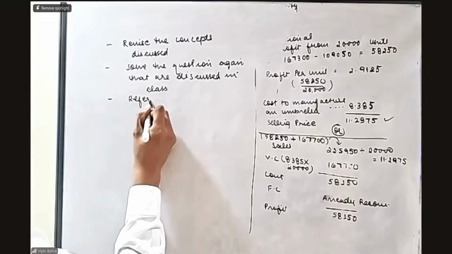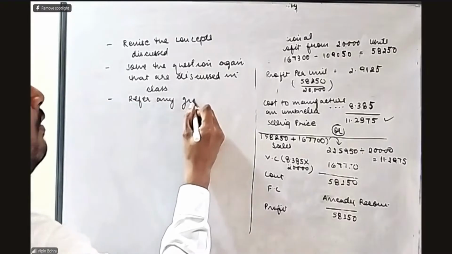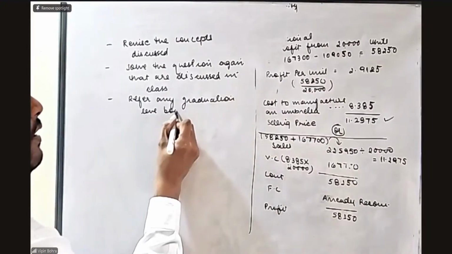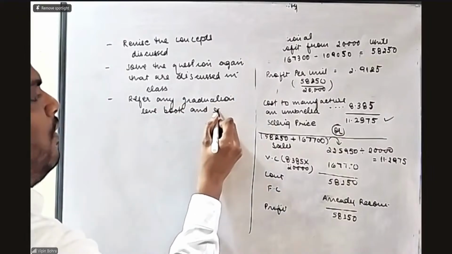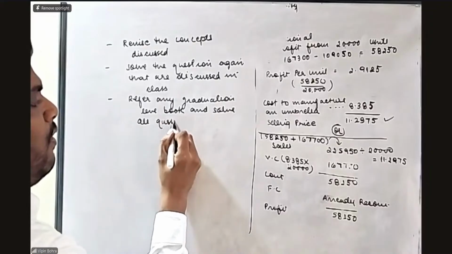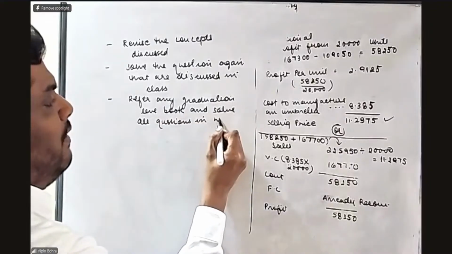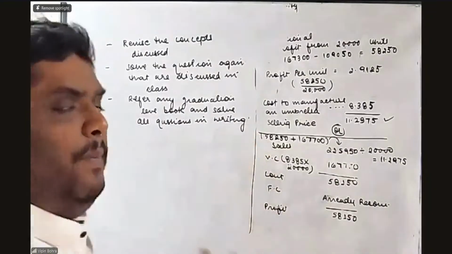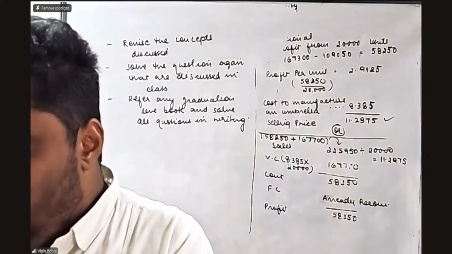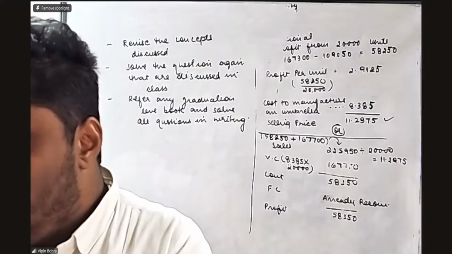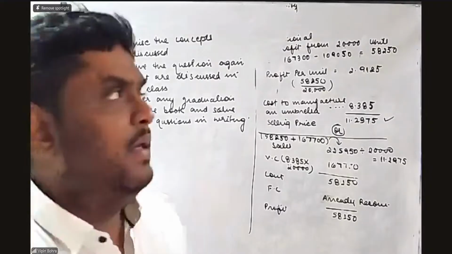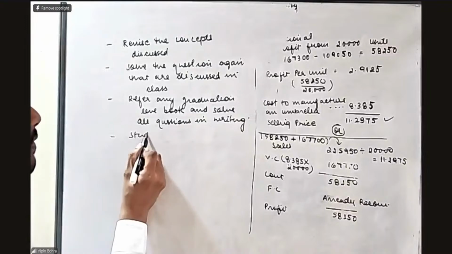Third, refer to any graduation level book and solve all the questions in writing. This is for better understanding of the concepts. Thereafter, once you are done with all these 3 points, then start with the study material.